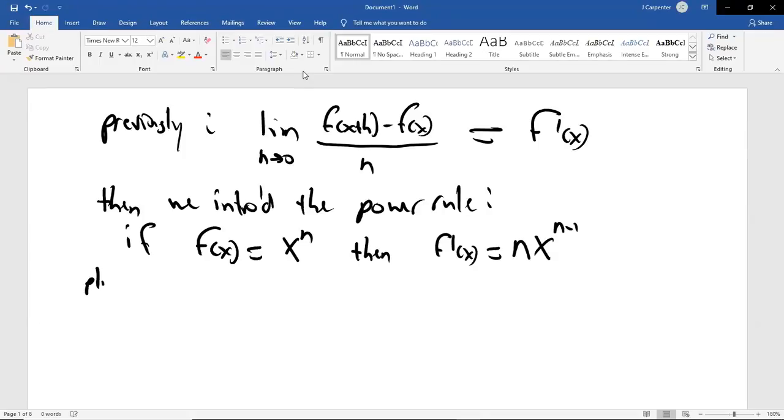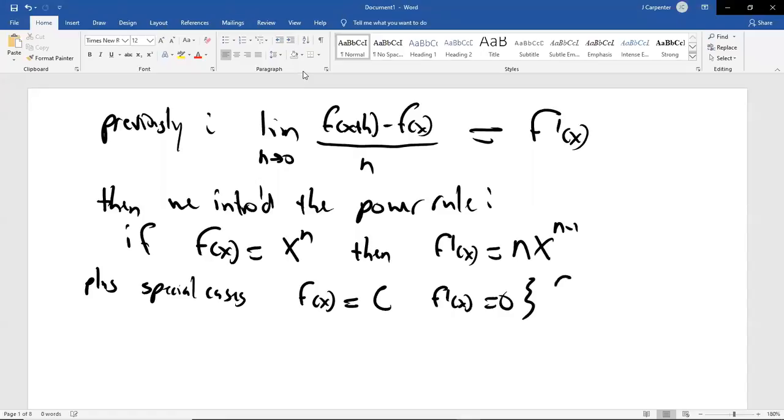We also had special cases where if your function was a constant, the derivative was 0, or if your function was just linear, a number times a variable to the first power, then the derivative was just the coefficient. And we related those geometrically as well as algebraically as to why they work. And we also showed with the power rule that it worked too.